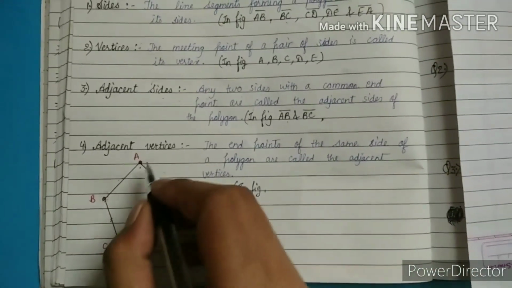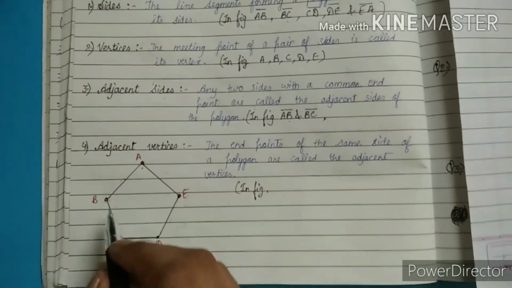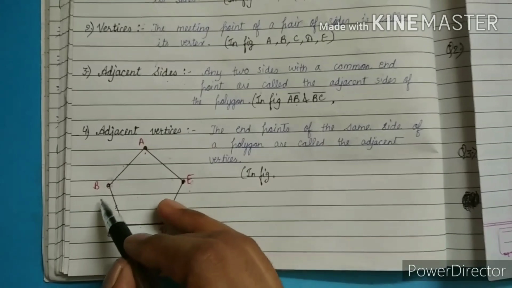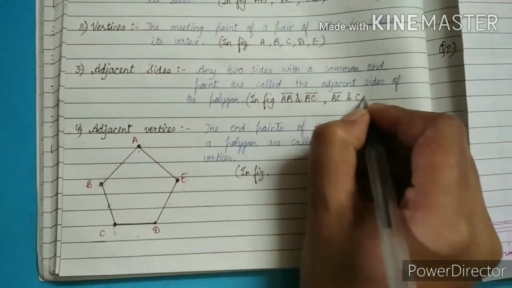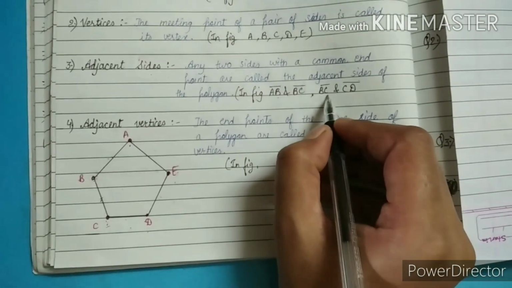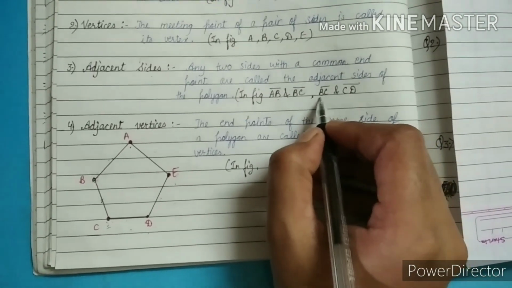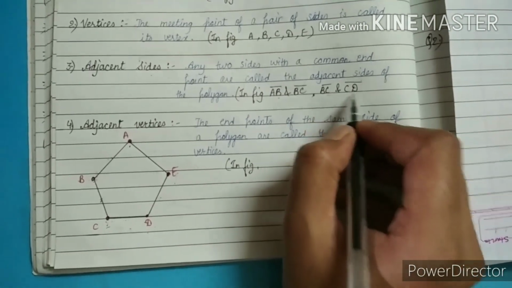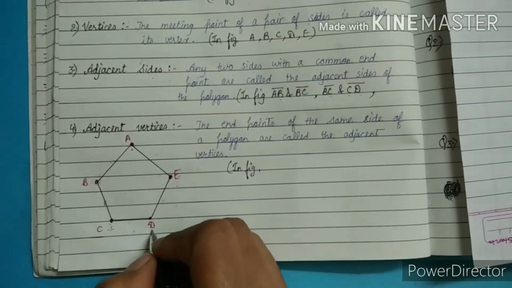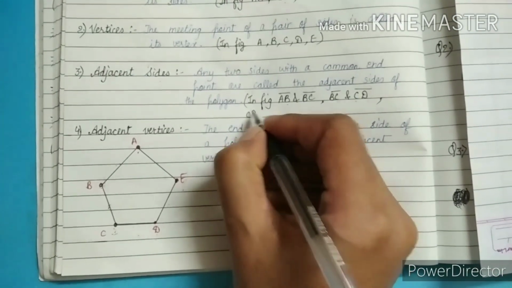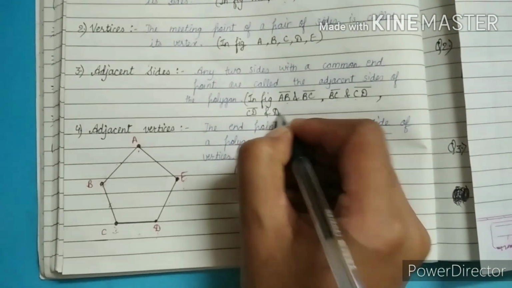Same as we did in the AB and BC section, the same way we go on with BC and CD. As you can see, BC has C as its ending and CD has C as its starting. Next CD and DE.